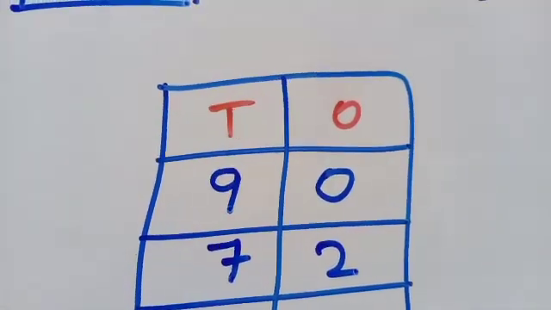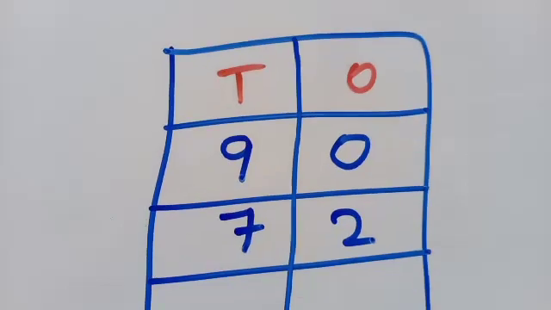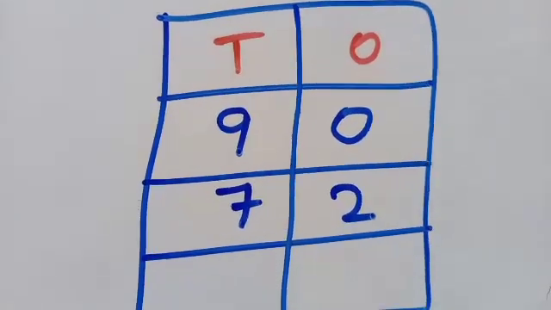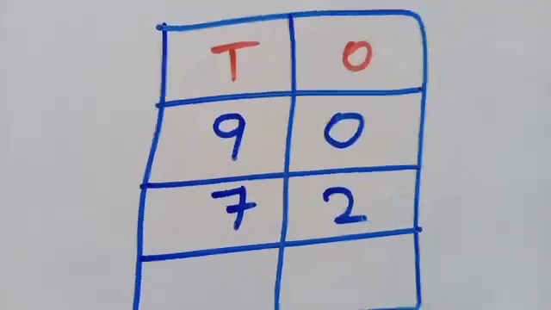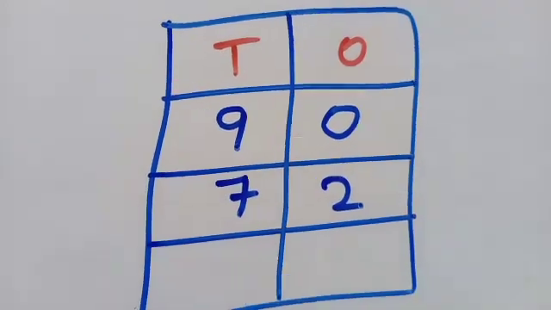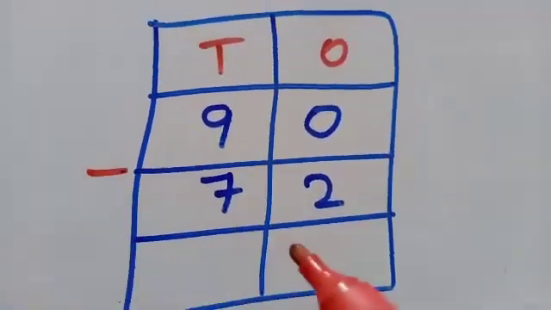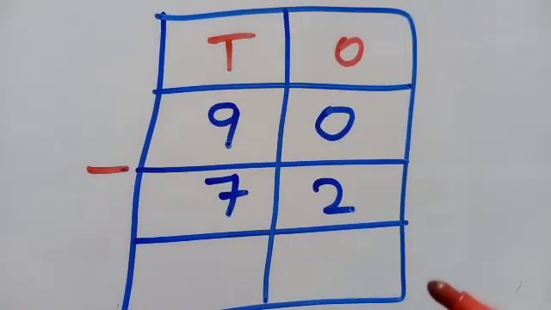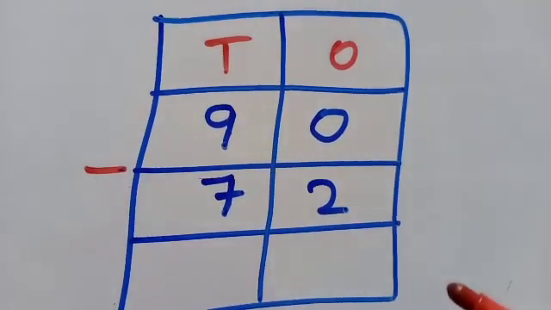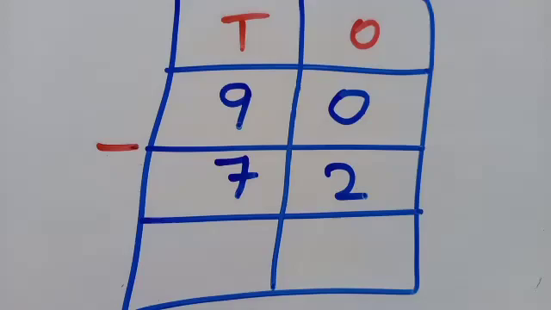Now we have to calculate how many more he needs to make 90 runs. So from 90 we have to subtract 72. Okay. So 90 minus 72. So that we will get how many more runs he needs to make 90.